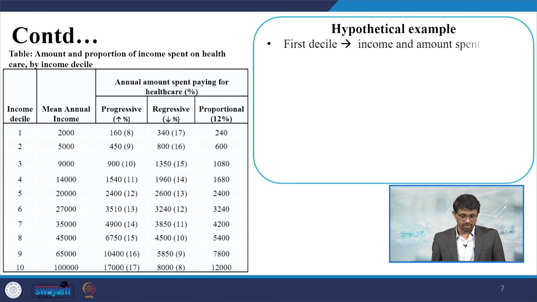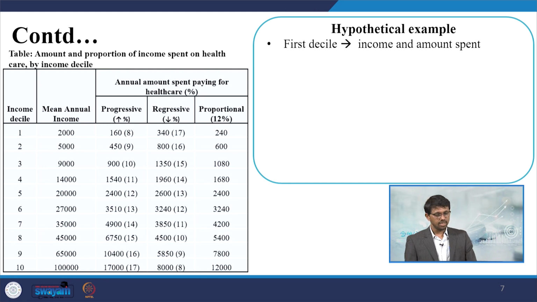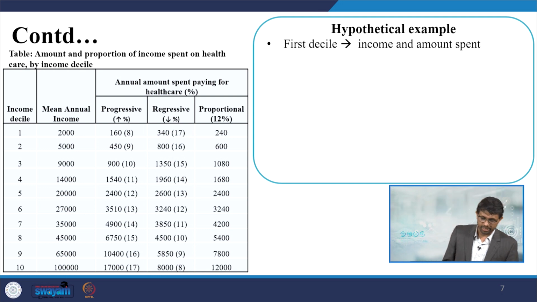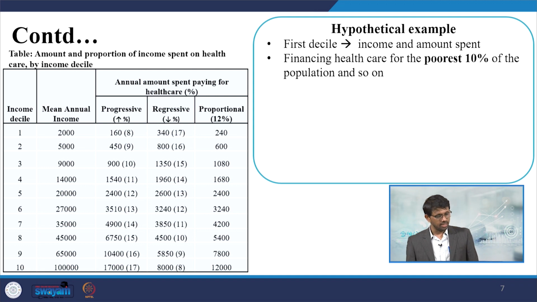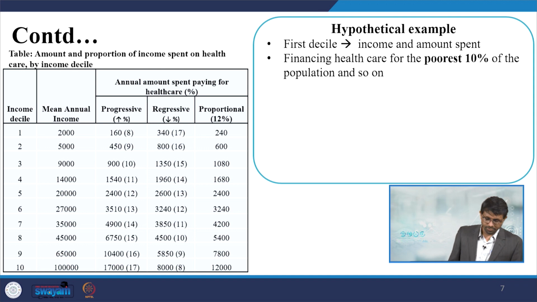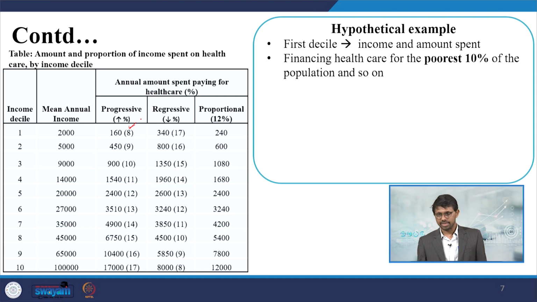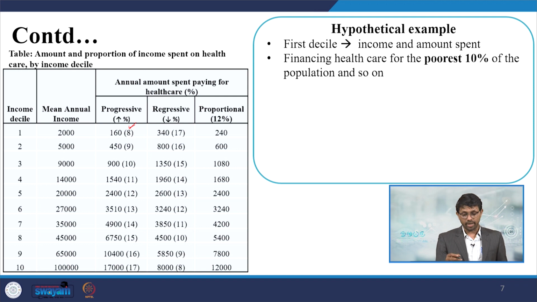Now, so far as the first decile is concerned, you can see their income and the amount spent. With the rise in income, we are comparing the percentage they are spending. In the bracket we have percentages, and the annual amount spent for paying healthcare.